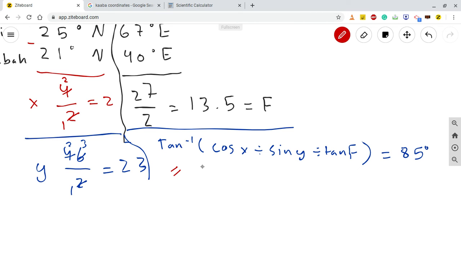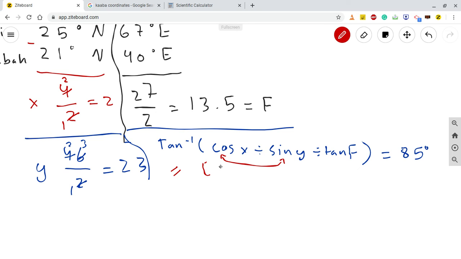Inverse tangent, brackets, but we will shuffle cos and sine, only cos and sine. No x, y, we won't shuffle x or y or anything, just shuffle cos and sine, okay?